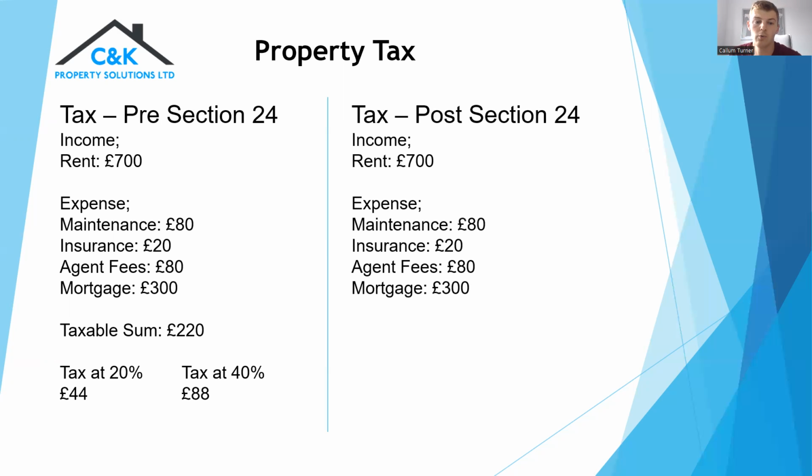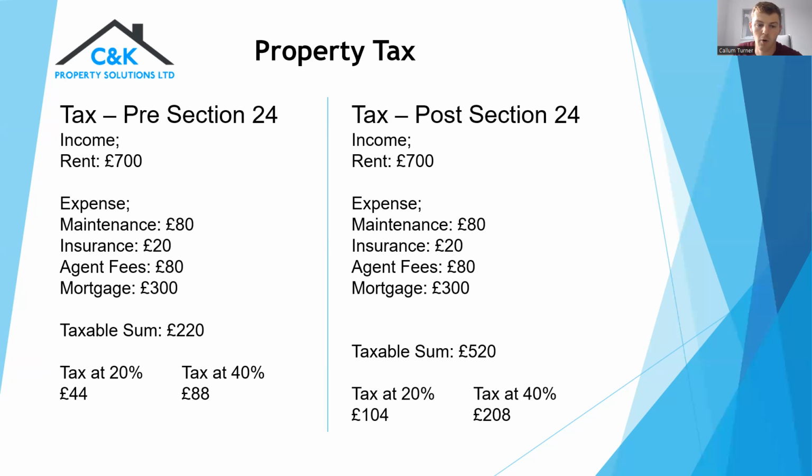This time you are unable to take the mortgage interest as a tax deductible expense, and therefore our taxable sum would be £520, and the tax would be determined against this figure. In this instance, the tax calculated at 20% would be £104, and at 40% would be £208.